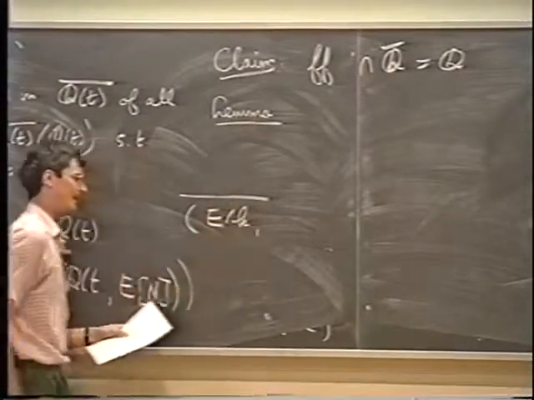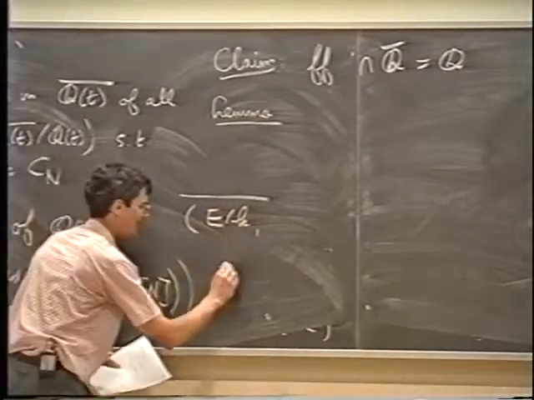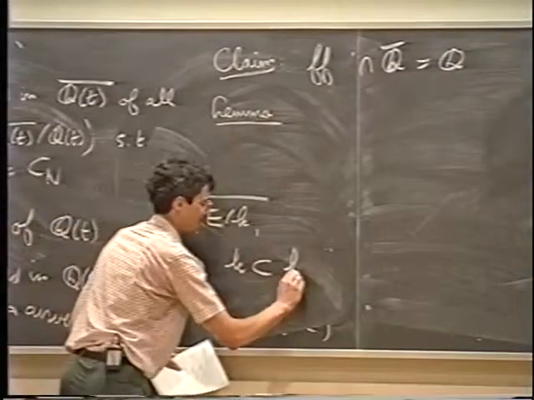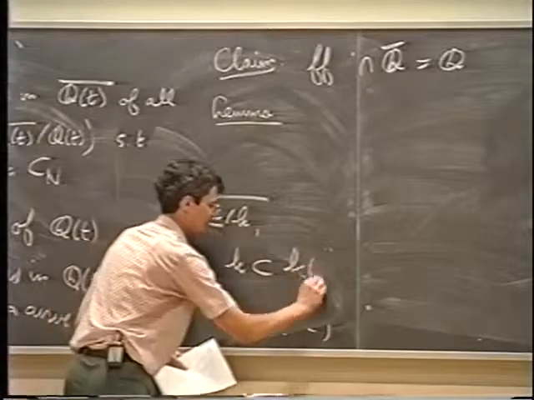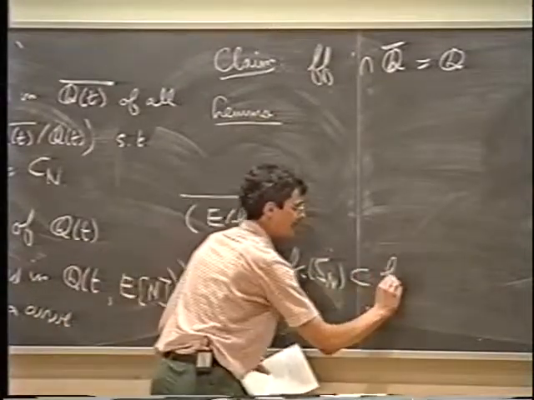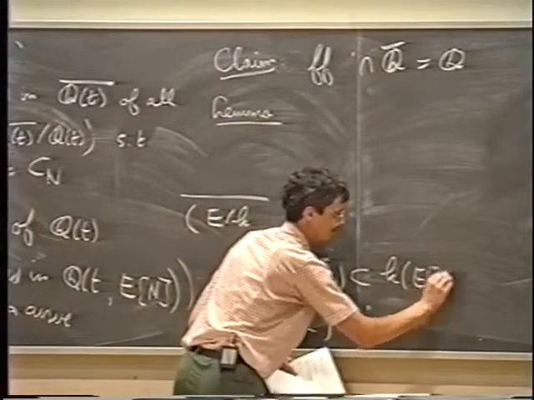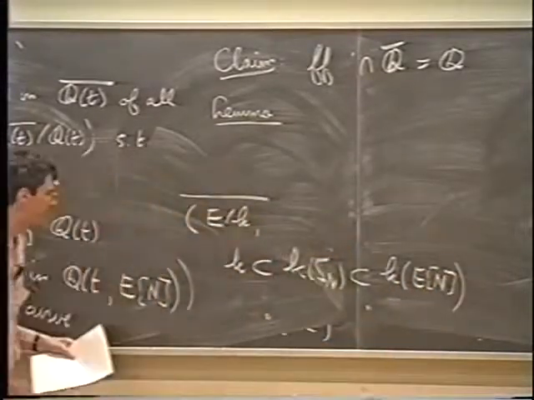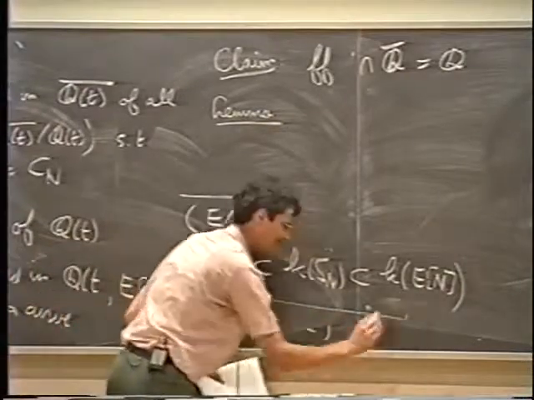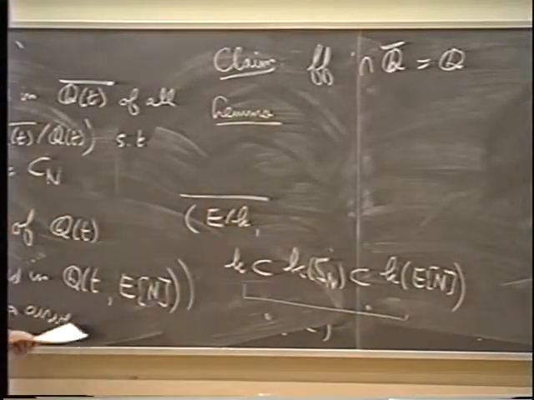So let me, after the lemma, already make the remark here that if I have an E over K, and I have an extension of the following type. Here I have K, there I have K to which I adjoin the nth roots of unity, and here I have K to which I adjoin all the points of order n on an elliptic curve. So this here is a Galois extension.